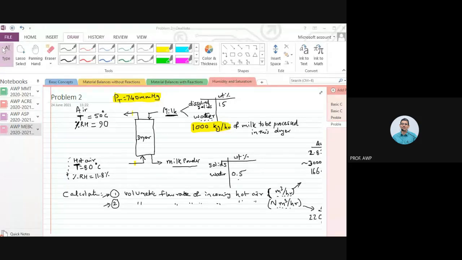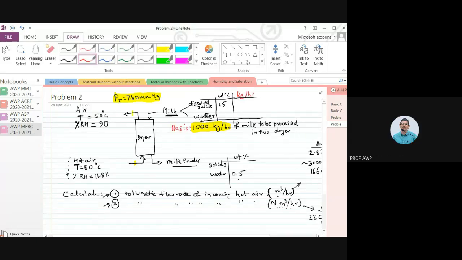So tell us, Sahil, up to how you have solved up to this point, how you started, what did you calculate? Sir, I found the kgs of dissolved solids and water. Okay, right. So let us write all these answers, whatever you have calculated so far. This is the basis that you have taken, right?